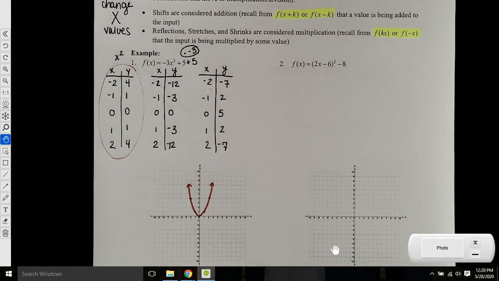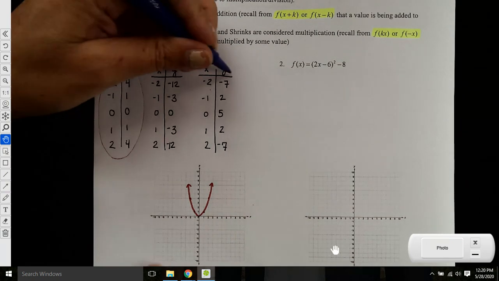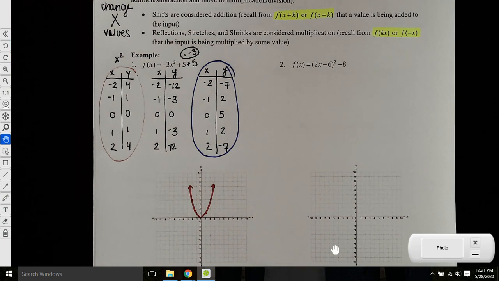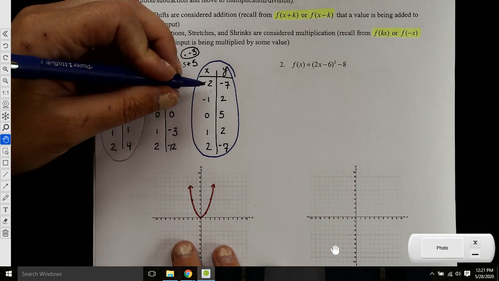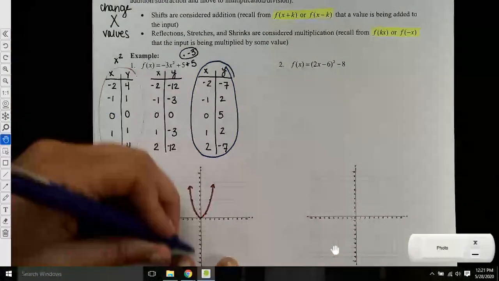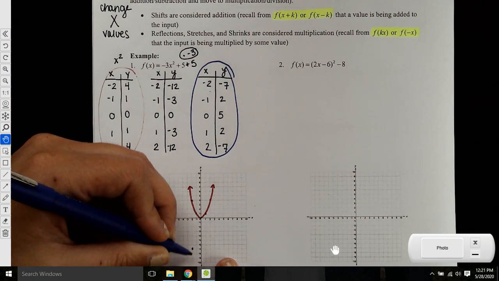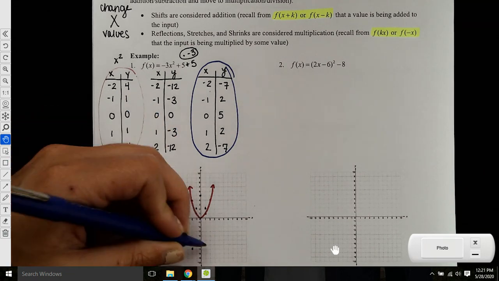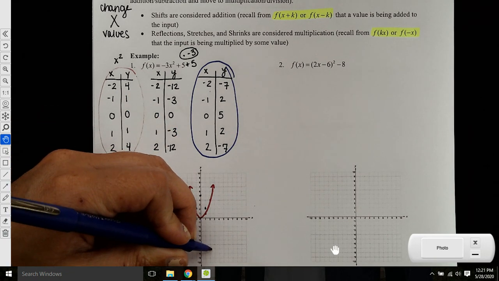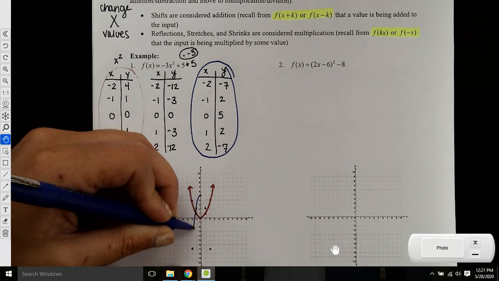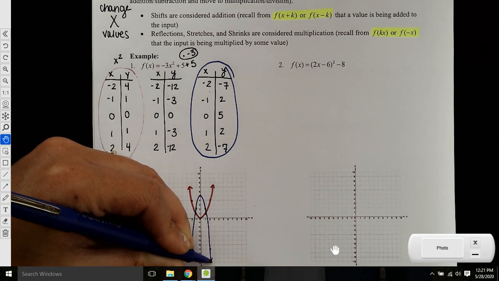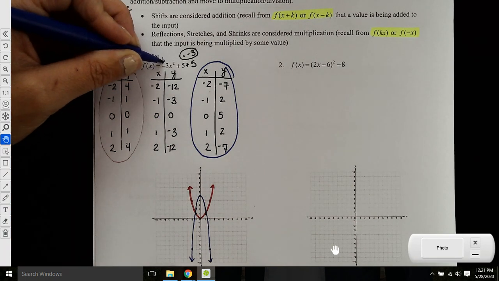So now I'm going to take my new function and I'm going to plot it in blue. So I have negative 2, negative 7, negative 1, 2, 0, 5, 1, 2, 2, negative 7. So notice this is flipped upside down, which makes sense because I had a negative in here.